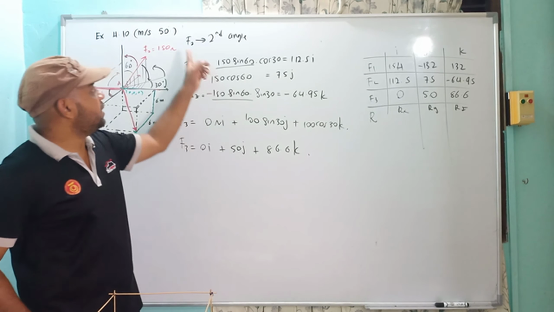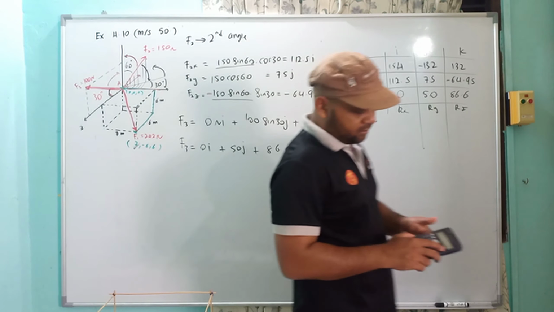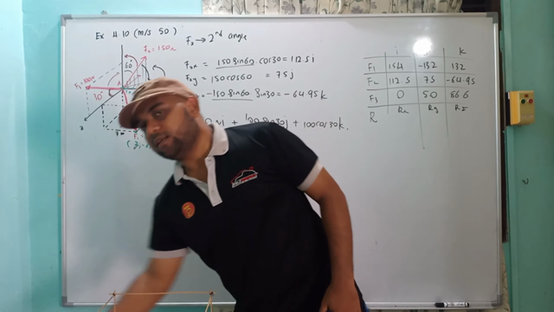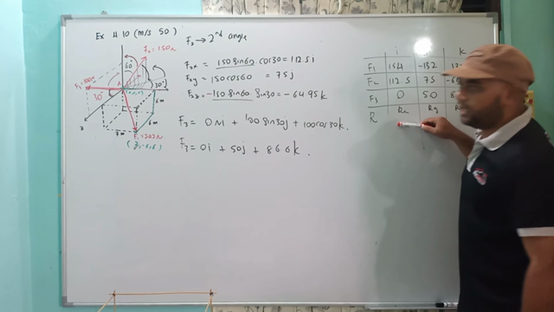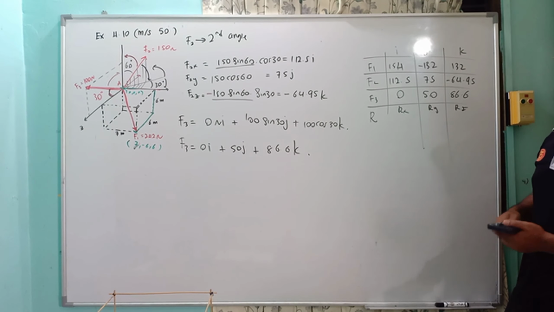So we want to have R equal to sigma F. So we have to add everything in I direction to get Rx, J direction to get Ry, and K direction to get Rz.